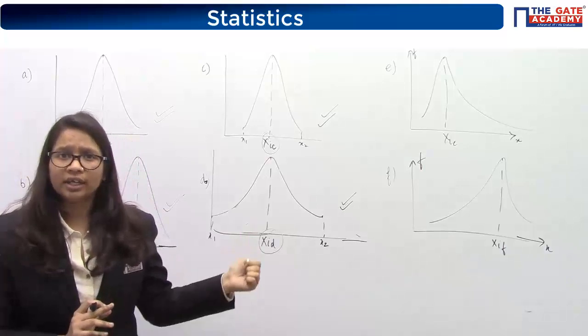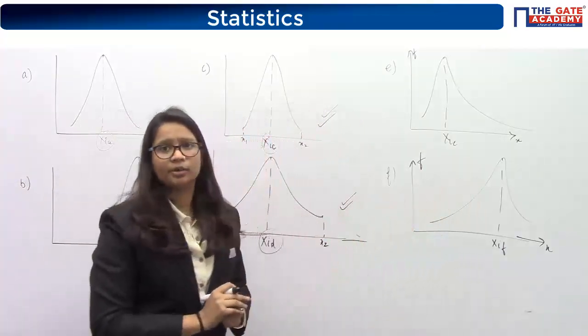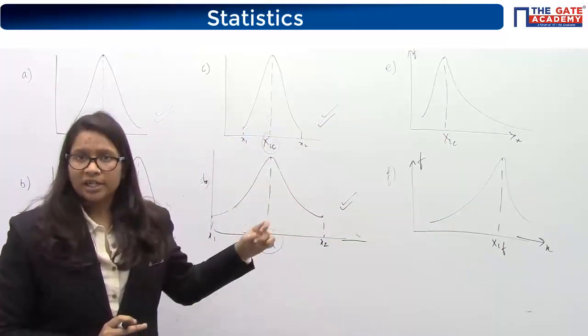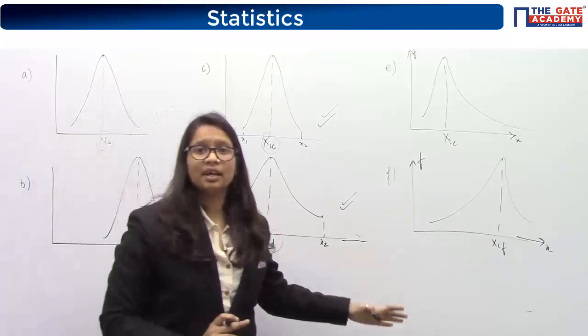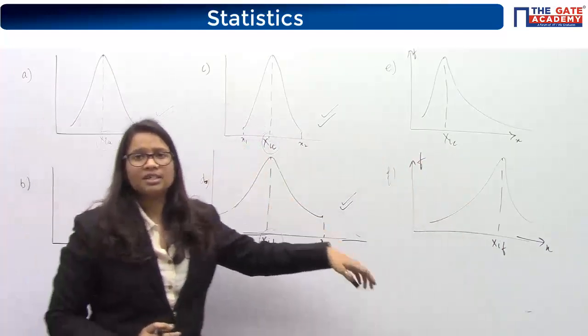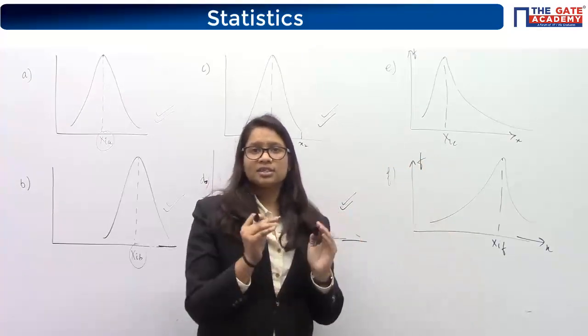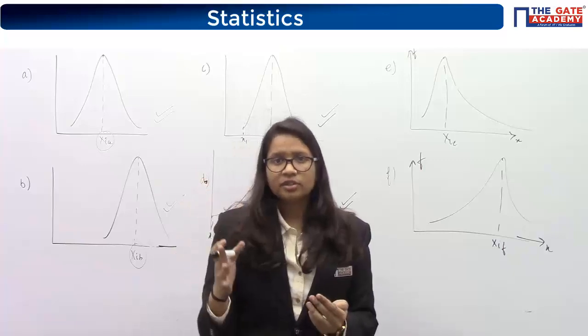You also need to know how the data is shifted from its central value. This kind of measure is known as measures of skewness. What does it denote? It denotes the degree of asymmetry in your graph. These all are symmetrical, but these two are not, and this asymmetry is denoted by the measures of skewness.